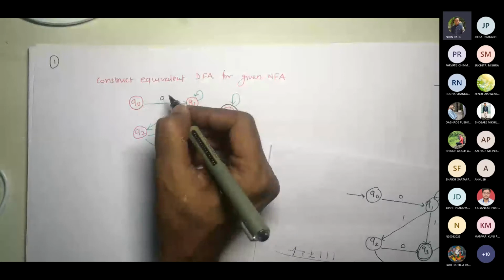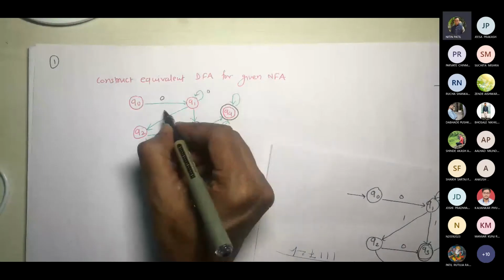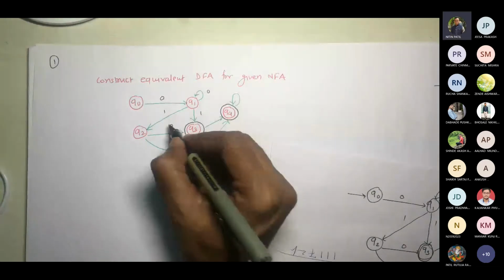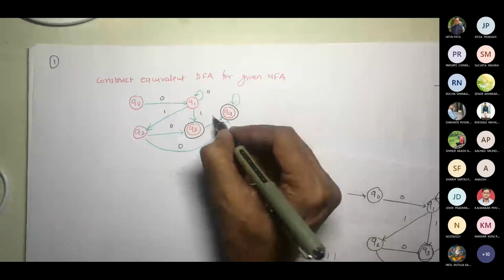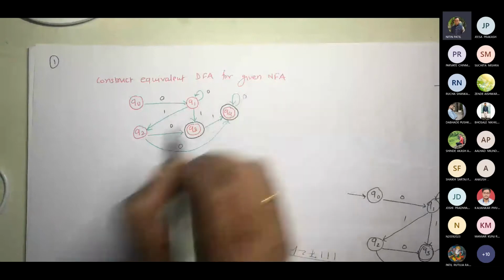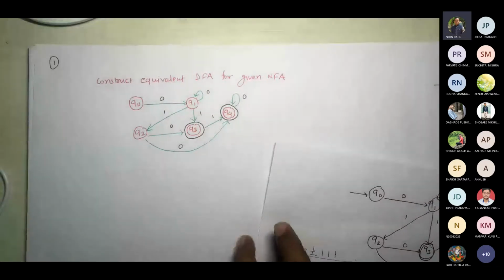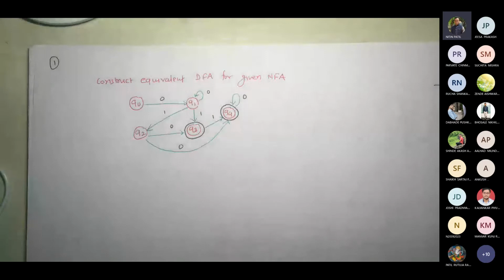Then you give inputs 0, 0, 1, 1, 0, 0, 1, and 0. Now, can you predict how many states would be there finally? In Q dash, how many states would be there?